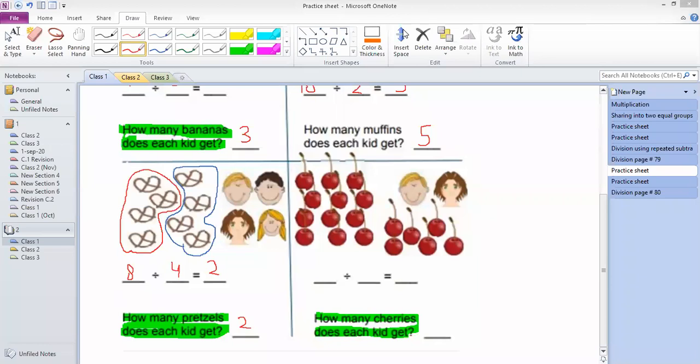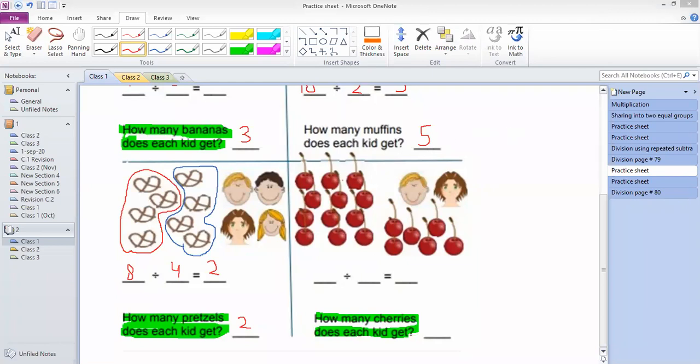Too much background noise. Tell me the answer fast. How many cherries to one kid? Four. Okay. Huzaifa, I'll help you and you have to tell me the answer by yourself.